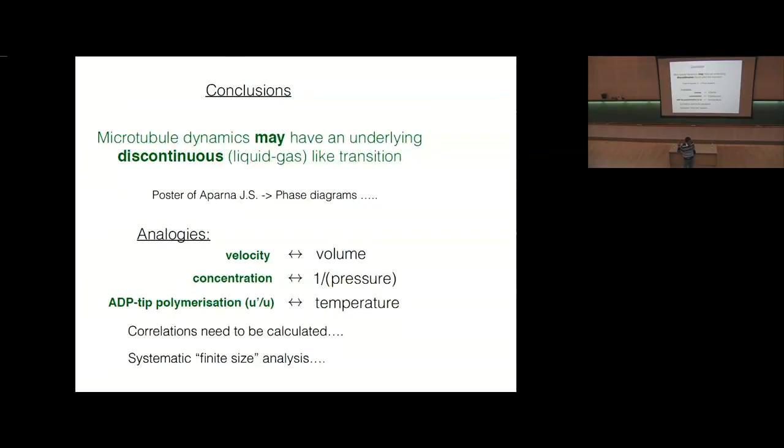They are not following from each other. So far as experiments are concerned, the catastrophe frequencies are doing quite well, but rescues we have still not got very well. I think the rescue story is much more complicated. These days, many people are talking of other kinds of history dependencies appearing, which might be other structural changes happening to the tubulin. So I don't know, it may be more complicated.